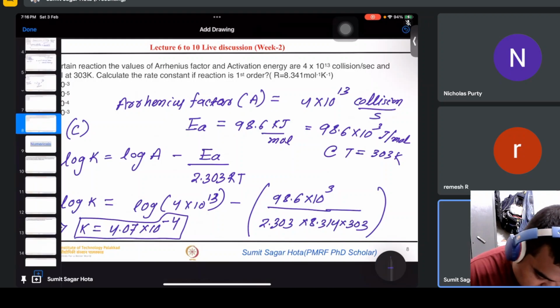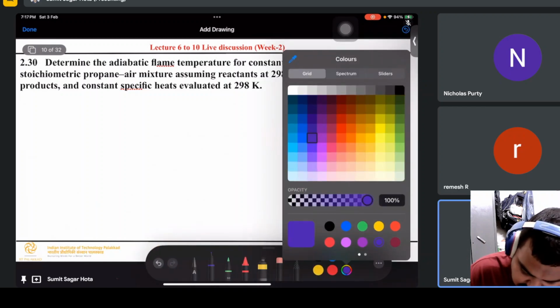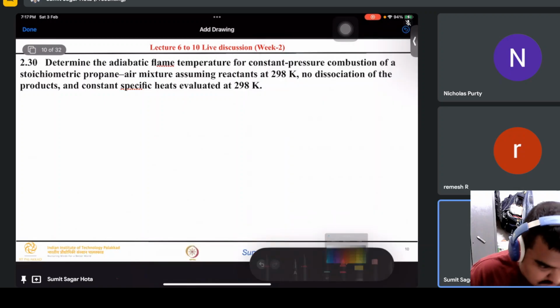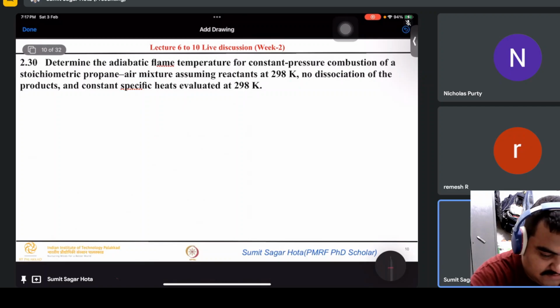Got the idea? Now we go to the real numerical problem from the book. Some parts will be there for you. It is a kind of practical scenario, where we have to find the adiabatic flame temperature.